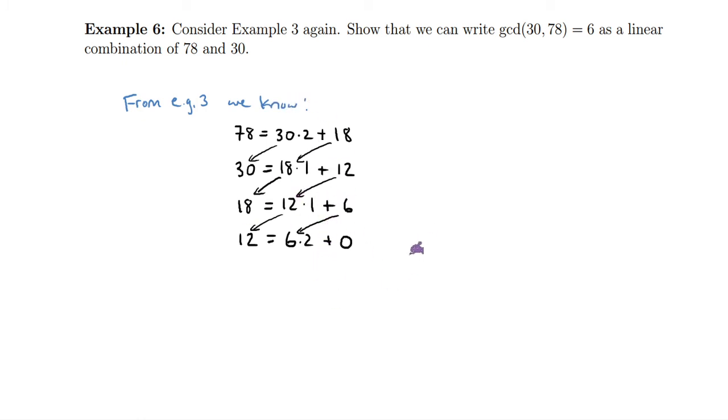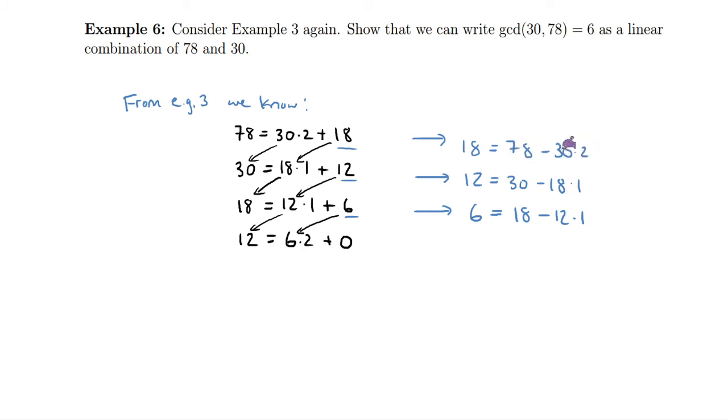The trick to this is that you actually solve for the remainders. So in these equations, notice I can write 6 is equal to 18 minus 12 times 1, right? So solving for the remainder each time. And I could write 12 is equal to 30 minus 18 times 1. Okay, and then 18 is equal to 78 minus 30 times 2.